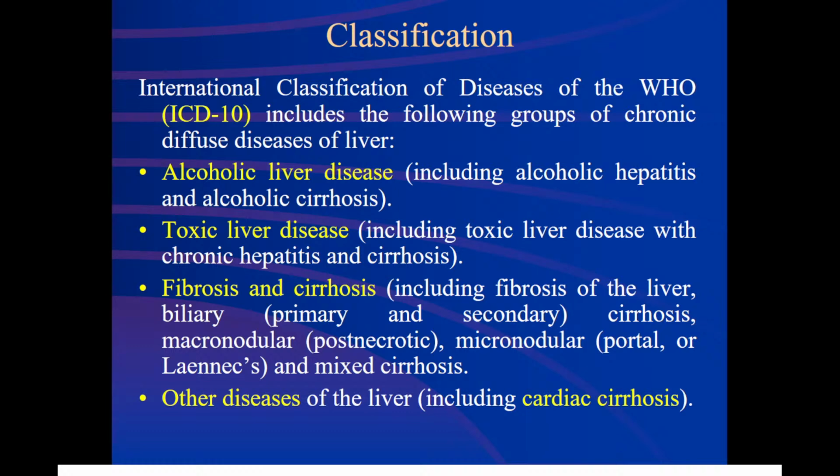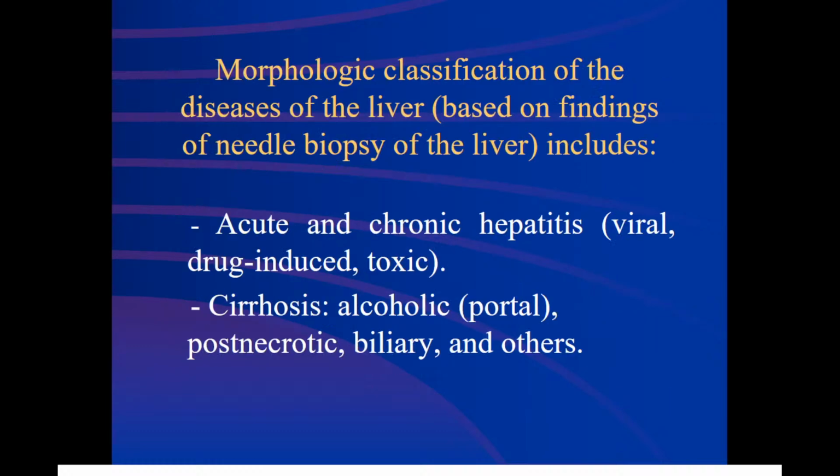In another part of this classification are included chronic hepatitis due to different viral infections, but they are under infectious diseases in this classification. But of course, patients with chronic viral hepatitis are present in polyclinic.